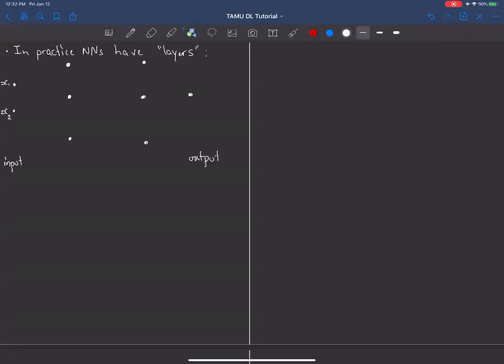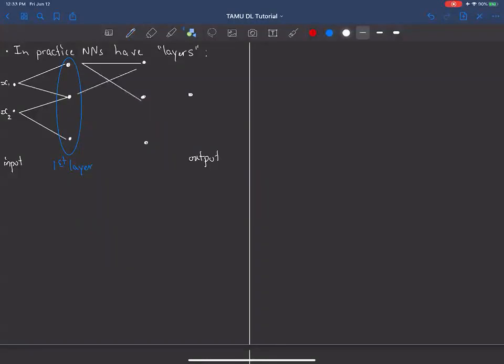And then a layered network has a wiring diagram where you have a collection of neurons. So these neurons in particular are neurons in the first layer. And they're in the same layer because they only take in as inputs things from the previous layer. And the previous layer here is the input. Okay, so then you can continue your wiring diagram.